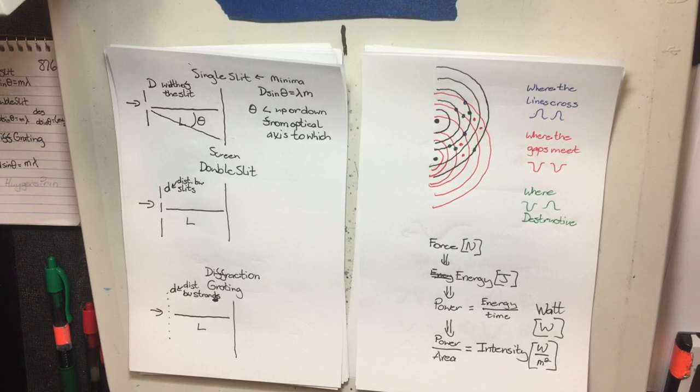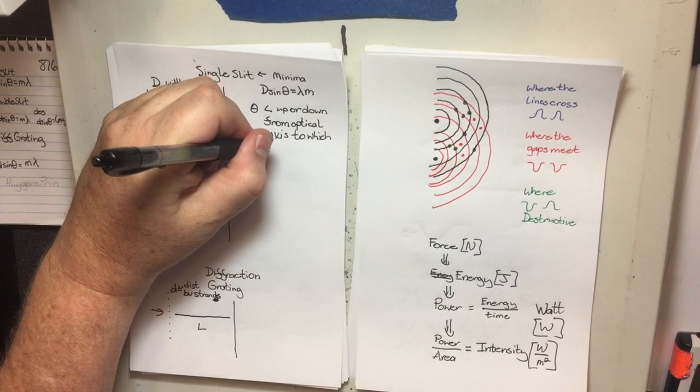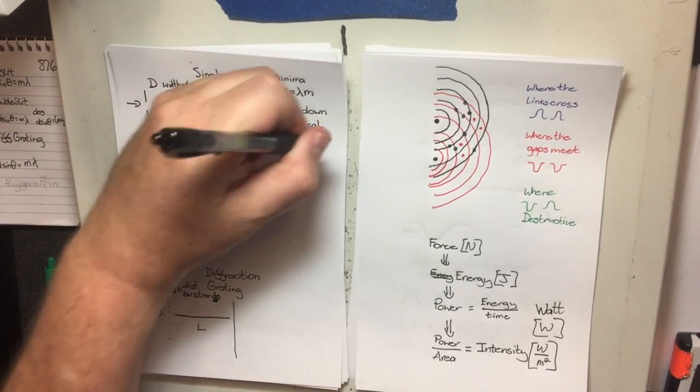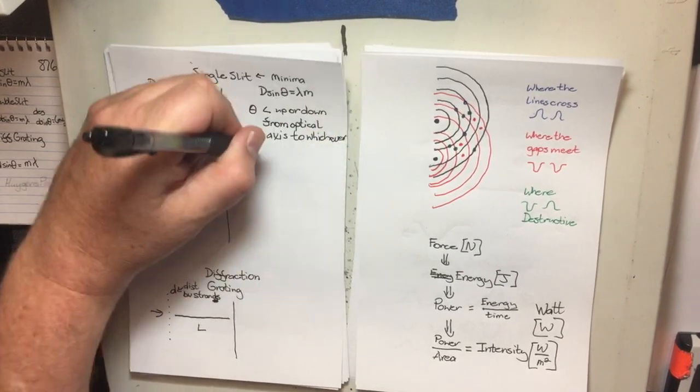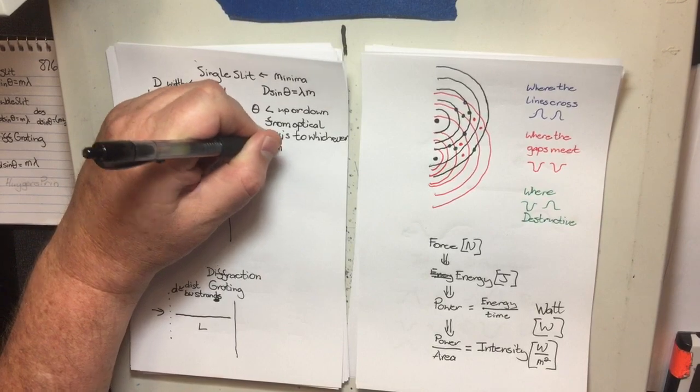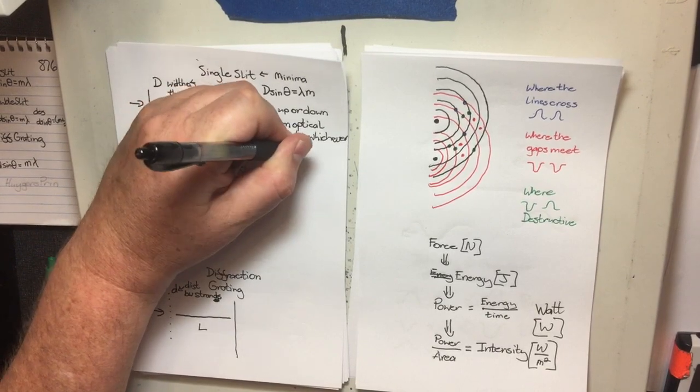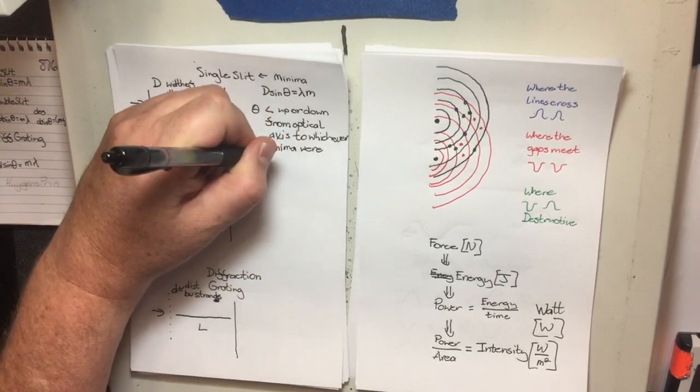Very great questions, because it's honestly a clarification. It's an angle up or down from the central axis to whichever minima we're talking about.